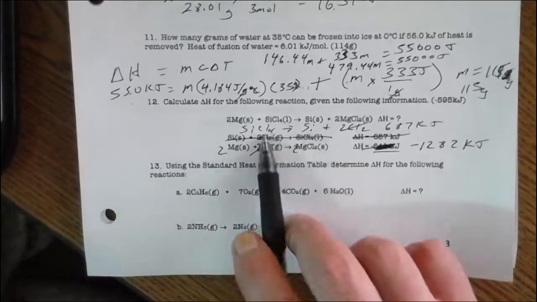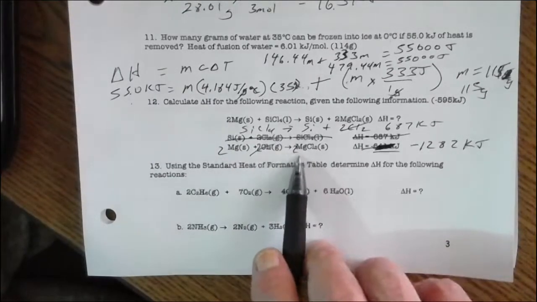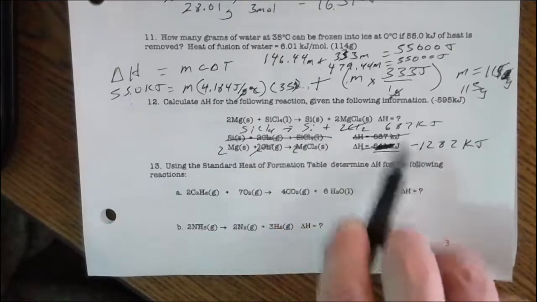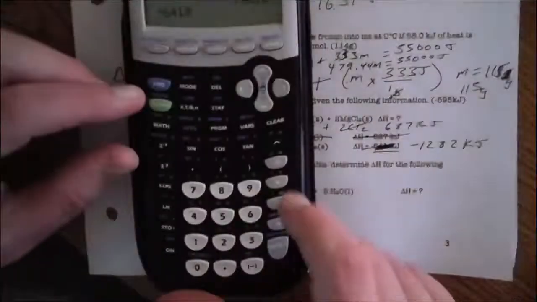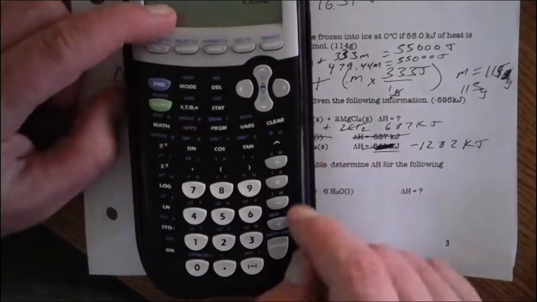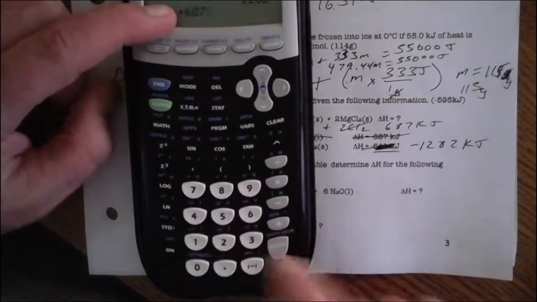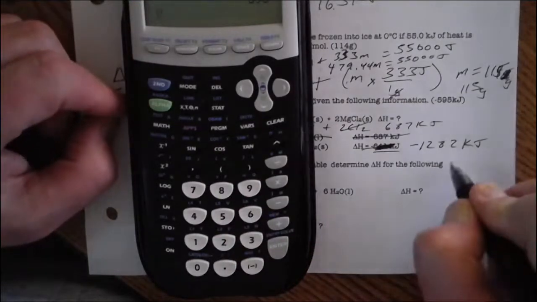So we have SiCl4, we have 2Mg, and then we have 2MgCl2, and then we have Si. So what do I need to do to these two things? Right, I need to take negative 1282 and add to it positive 687, and we get negative 595.